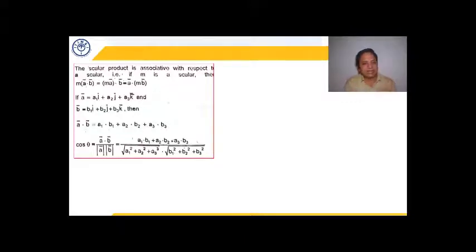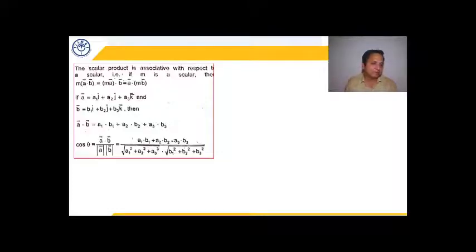If vector A is a1 i plus a2 j plus a3 k, an important result we have, and vector B is b1 i plus b2 j plus b3 k, then A · B is obtained by multiplying their i coefficients, because i squared comes out to be 1. It's a1 b1 plus a2 b2 plus a3 b3.